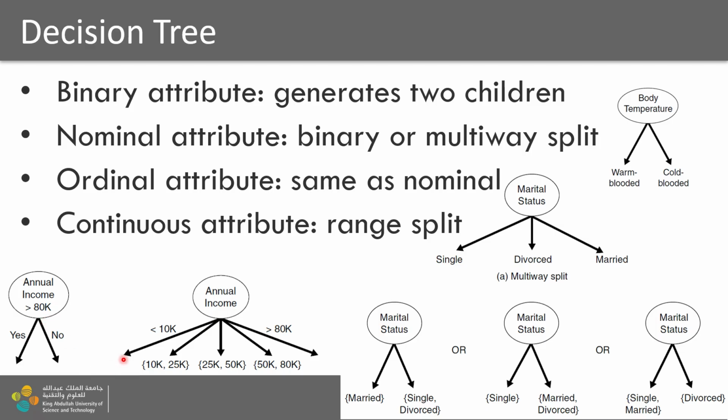But we could also have a multi-way split into 5 different categories: one less than 10K, another between 10K and 25K, another between 25K and 50K, another between 50K and 80K, and the last one more than 80K. This could also be a way to perform this split.